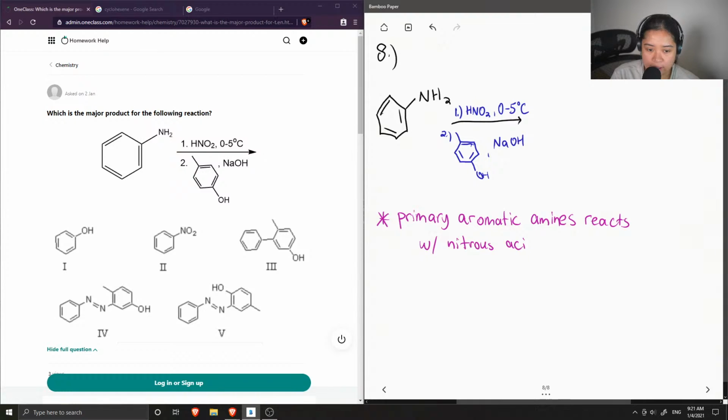Since it's HNO2 instead of HNO3, we have nitrous acid, and the name of this reaction is the formation of arene diazonium salts.